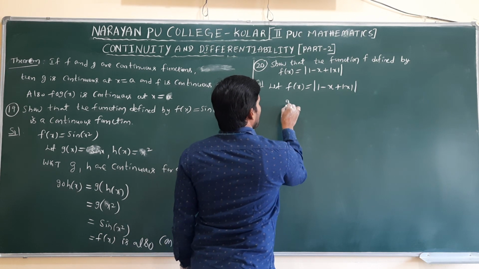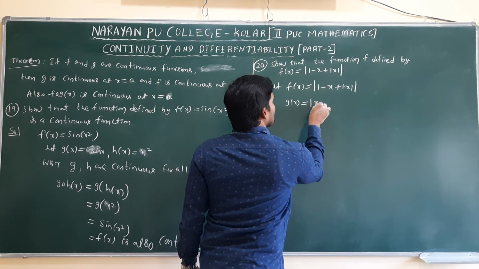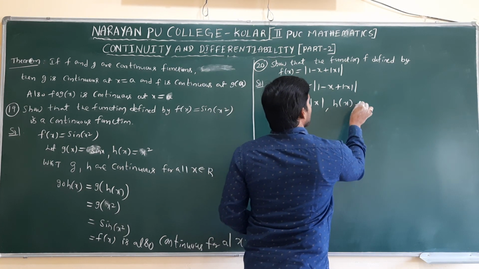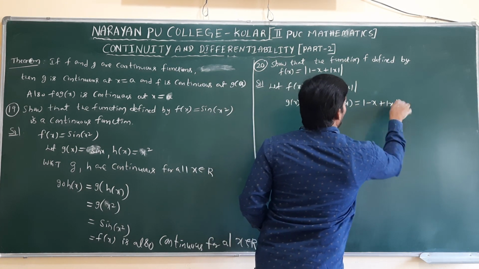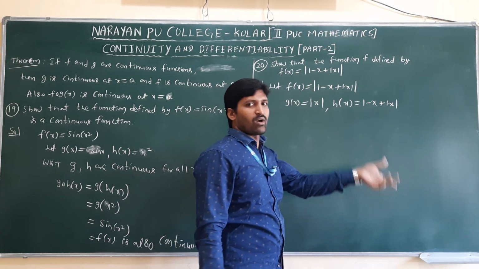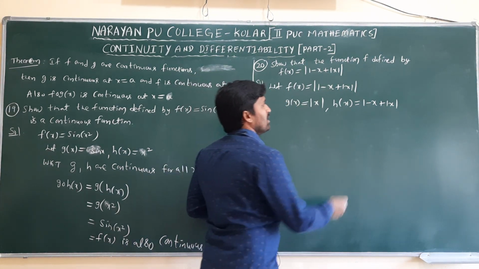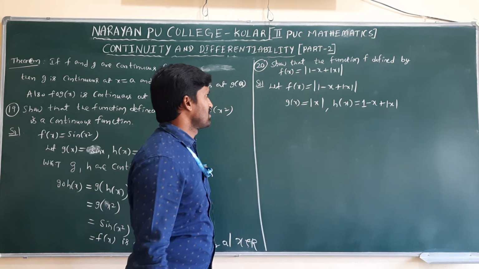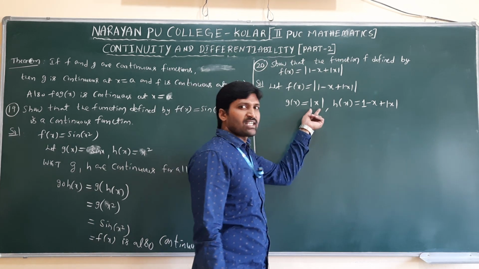Okay, I'll consider g of x is mod x, h of x is 1 minus x plus mod x. Outer is a mod again, inner also this function. It's a mod of mod, I am taking condition wise. This is 1 minus x plus mod x. We know mod x is always continuous.